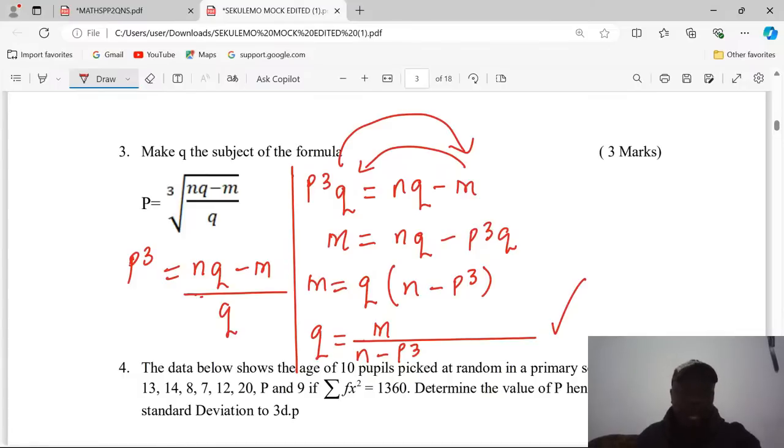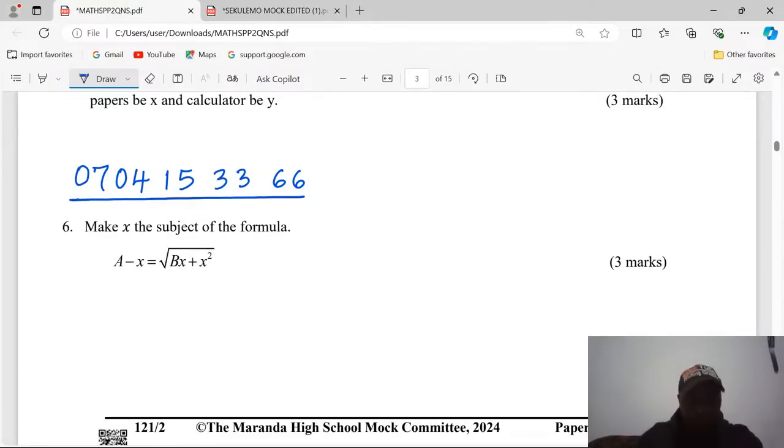Okay, there's a time we were doing a different paper 2, and I would like to post the question which was there on the subject of formulae. We never concluded well when we were solving this question. Those who are alive know. Make x the subject of formula. Remember, on the right hand side there is a root sign. So when we start squaring both sides, we square to eliminate the root sign, such that the right hand side now becomes bx plus x squared.